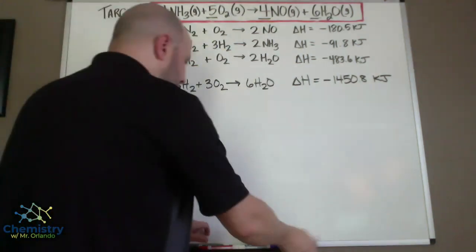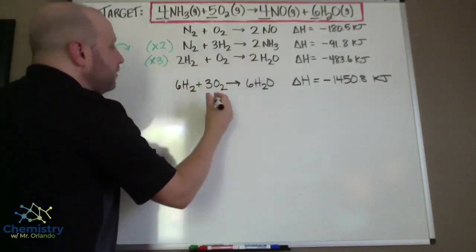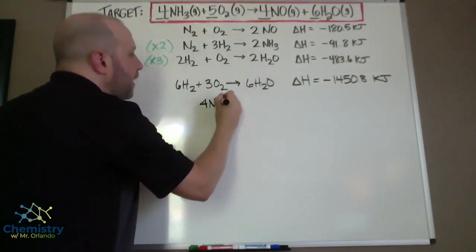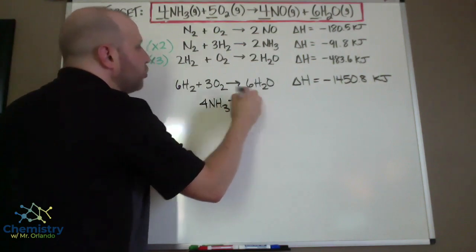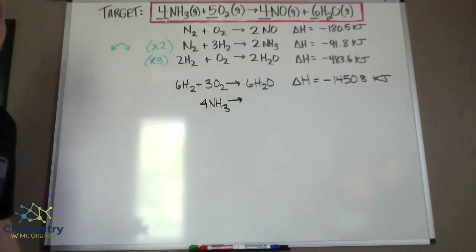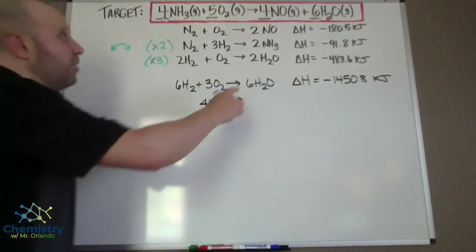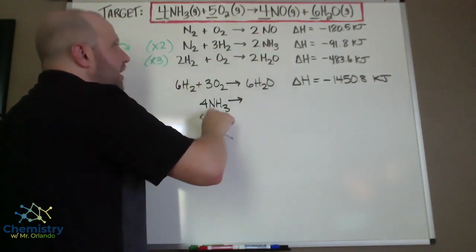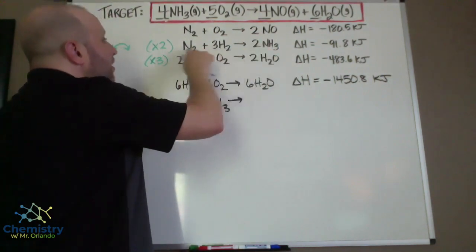So I'm going to jump back here. So I'm going to start writing this out. And one of the things that I would suggest to you is that as much as possible, try and keep your arrows aligned with each other because that just makes it a little bit easier as you're going through it. So I'm going to take the NH3 that was on the right side, move it to the left side, the reactant side. Now I'm going to continue with these two.